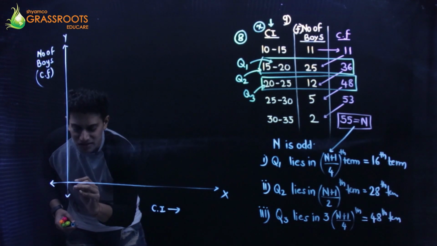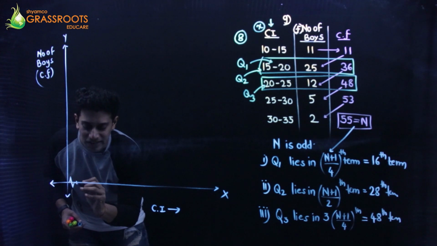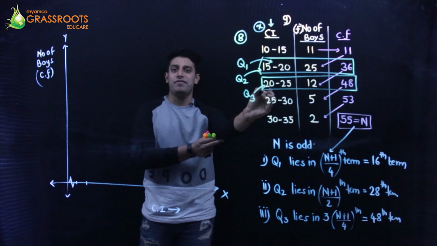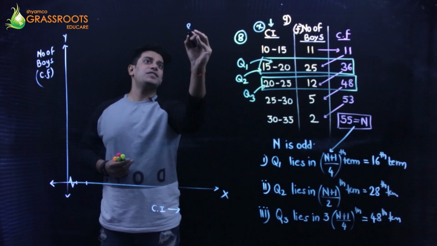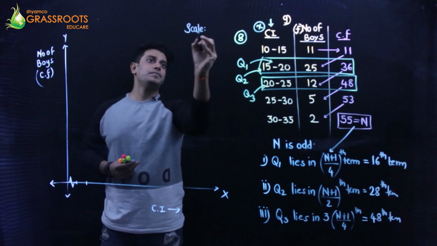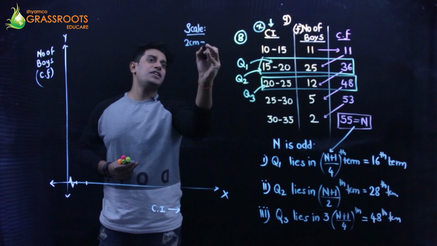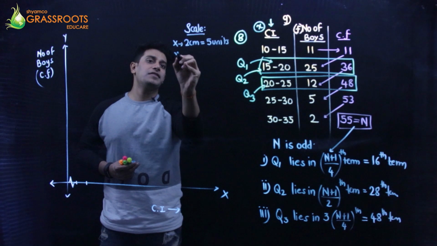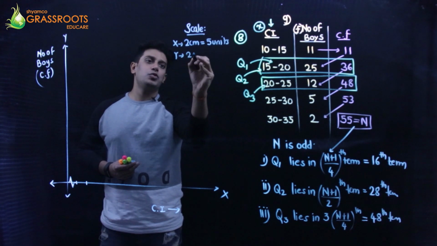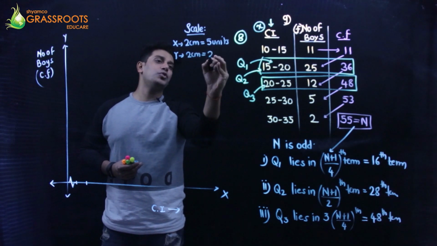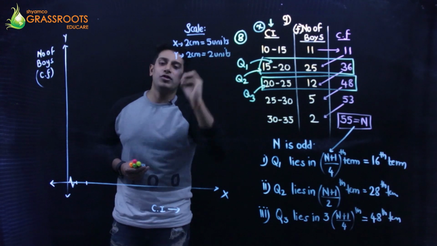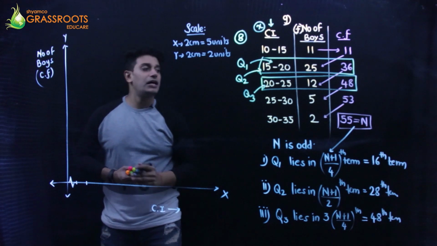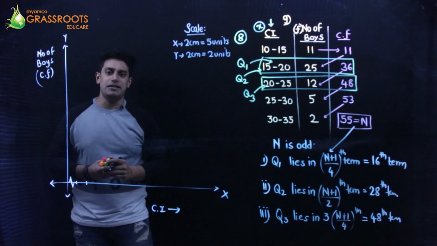When the class doesn't start from 0, there is a kink. You can take 2 centimeter as 5 units. So scale: 2 centimeter is 5 units on the X axis. On the Y axis, 2 centimeter is equal to 2 units. Perfect. Let's begin.